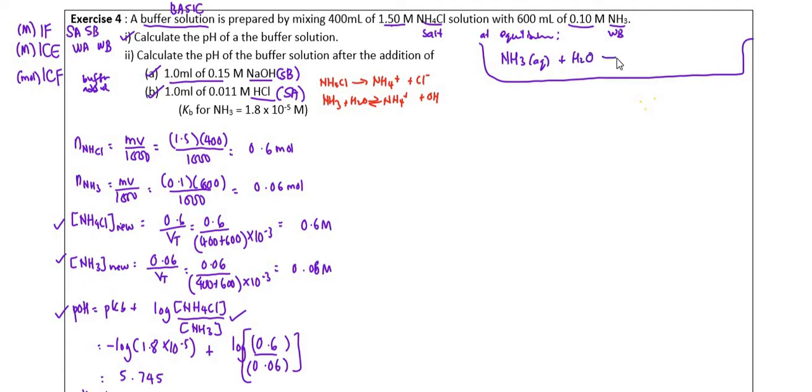Okay, reversible NH4 plus OH minus. Okay, as we know, NH4Cl no more because 100% dissociate. So this ion exists, and also this is partially dissociate.